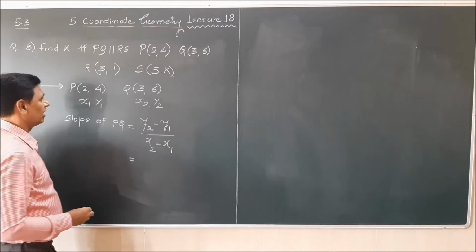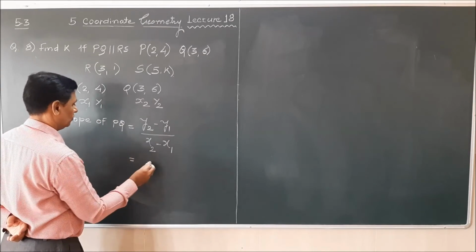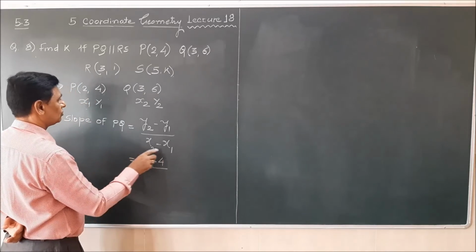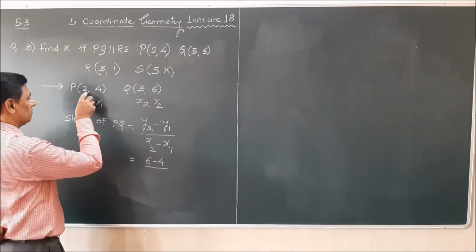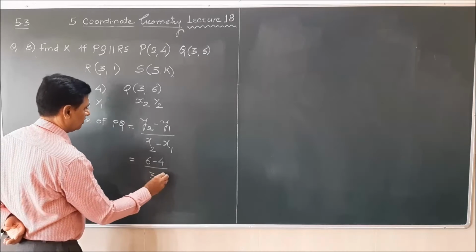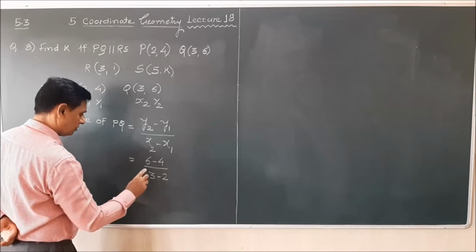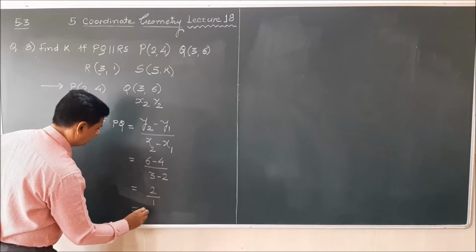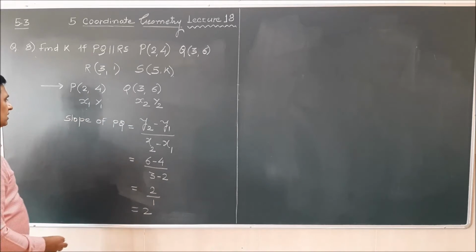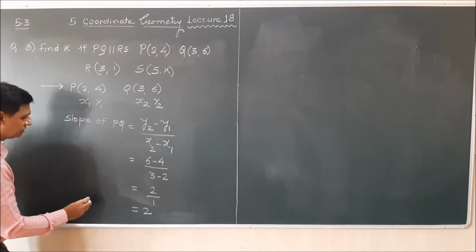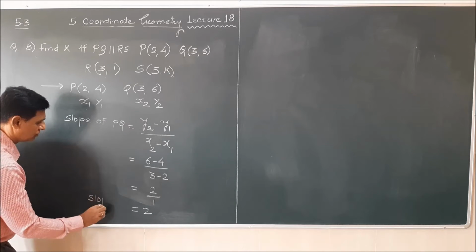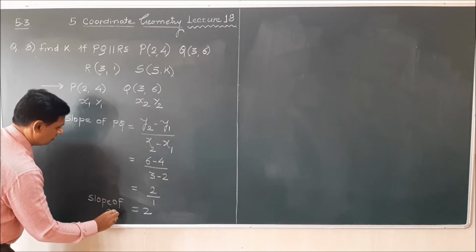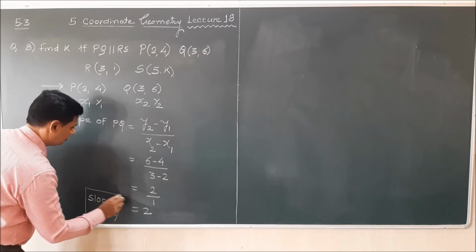So y2 minus y1 will give us 6 minus 4 upon x2 minus x1, that is 3 minus 2. 6 minus 4, we all know it is 2. 3 minus 2 is 1. So, this is how we will get slope of PQ is equal to 2.